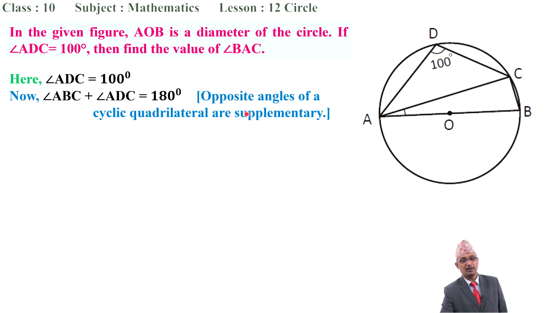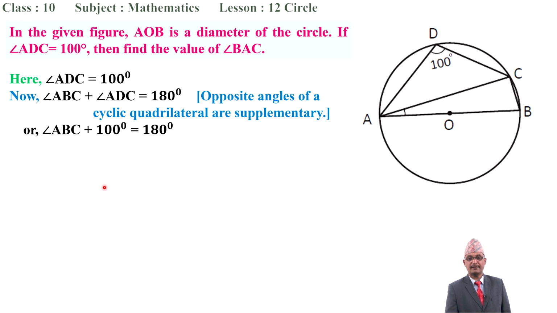The value of angle ADC is known, so put the value: instead of angle ADC, we have written 100 degree, plus angle ABC equals 180 degree. If I send this 100 degree to the right hand side, it becomes 180 minus 100, which is 80 degree. So we have got angle ABC as 80 degree. So one angle of triangle ABC we have calculated, 80 degree.